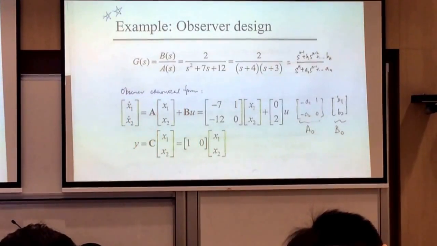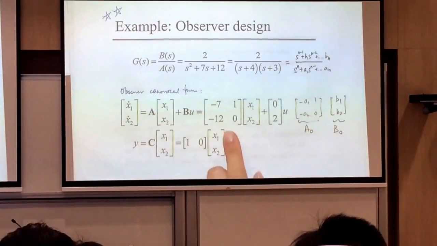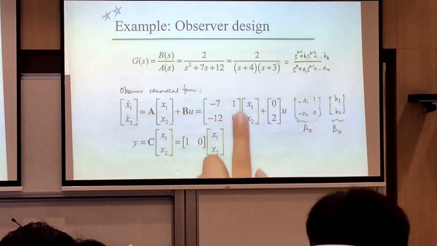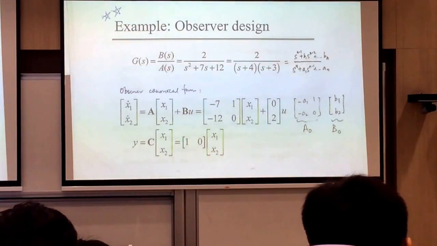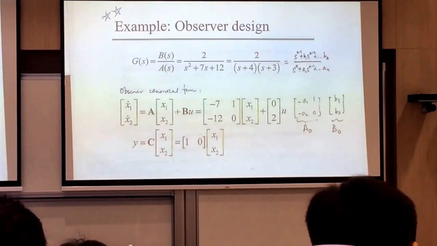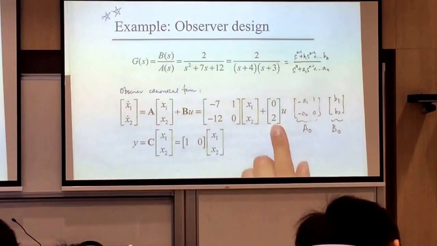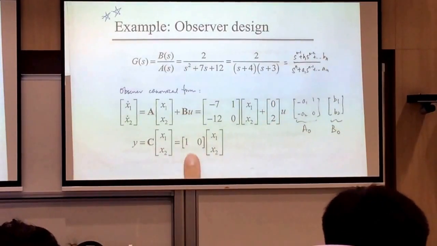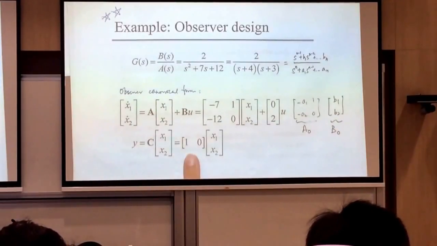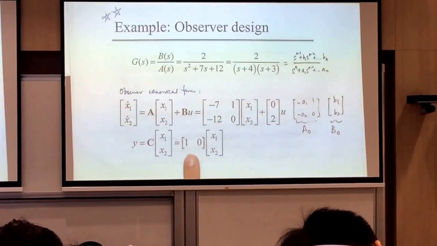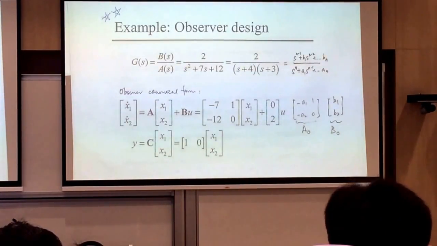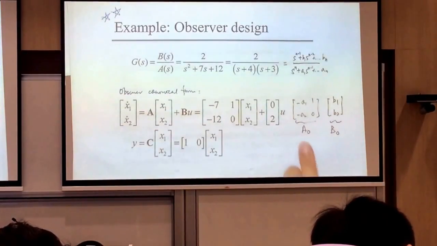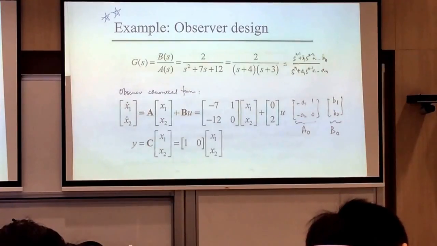So for observer canonical form, AO is AC transpose. So your coefficients are like the column 1, 0. BO is CC transpose. CO is BC transpose. So BC is 1, 0, so now it's not 1, 0. Okay? Understand this? I've written it here.